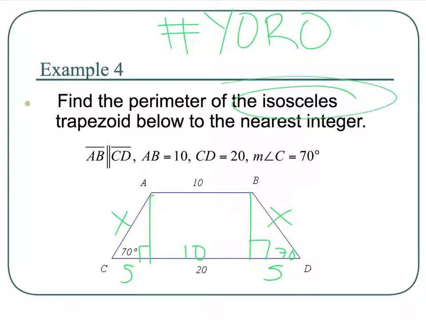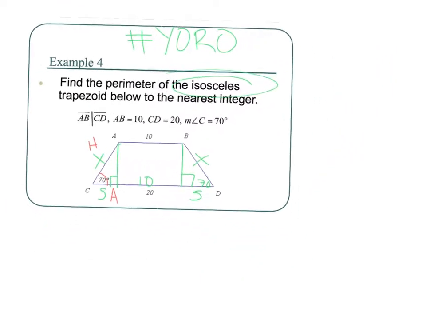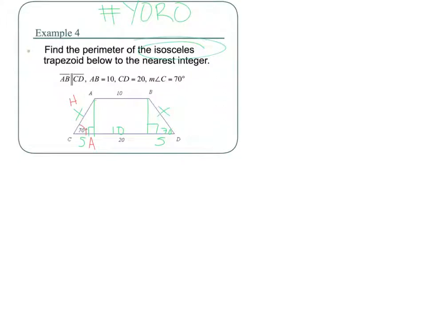I'm going to use a different color marker here. I know that with respect to this 70-degree angle, the 5 is my adjacent side, the x is my hypotenuse, right? I'm looking at it from the perspective of that 70-degree angle. So I can set up what trig function?